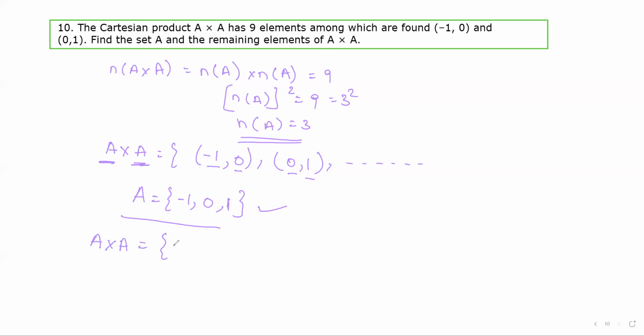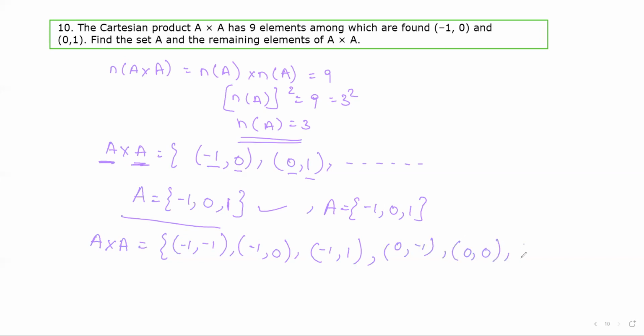This will be equal to (-1, -1), (-1, 0), (-1, 1), (0, -1), (0, 0), (0, 1), (1, -1), (1, 0), (1, 1).